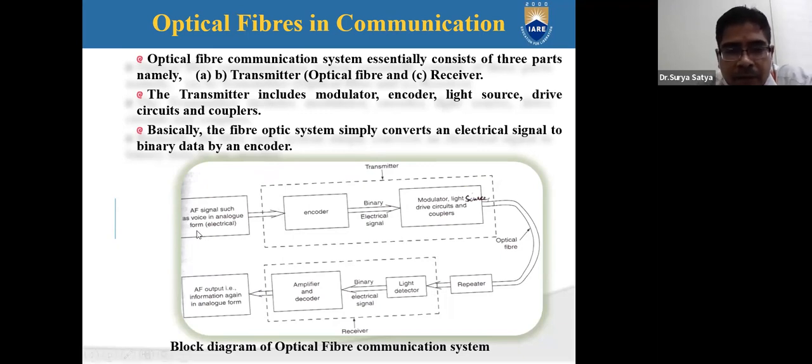This is the block diagram of optical fiber communication systems, except that its core is of larger diameter. It is also made of germanium-doped silicon in the core, and the cladding is also made with silicon doped with phosphorus oxide.